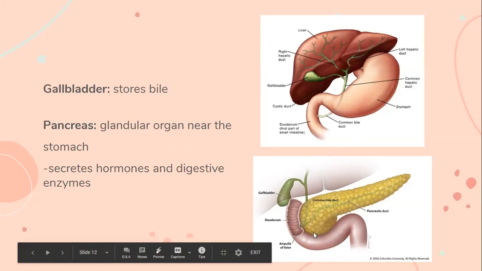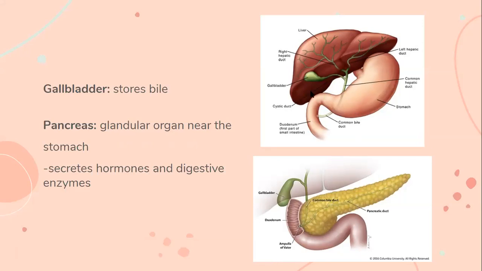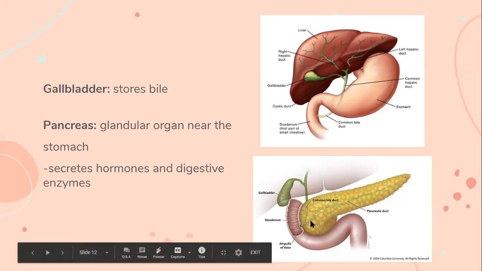The pancreas goes right next to it, and you can see the gallbladder kind of right in this whitish area in the above picture. The pancreas secretes hormones and digestive enzymes. It's really important because it deals with hormones in the digestive system.